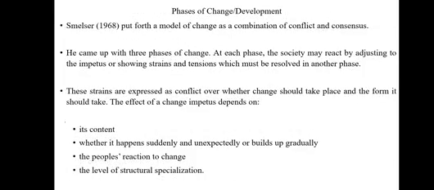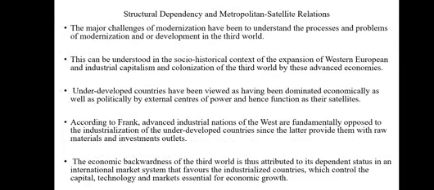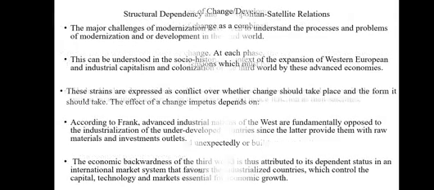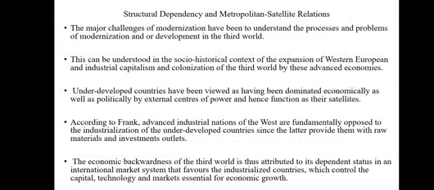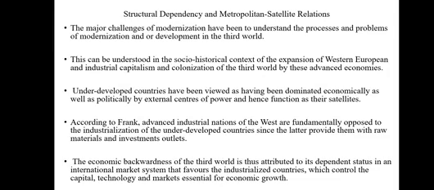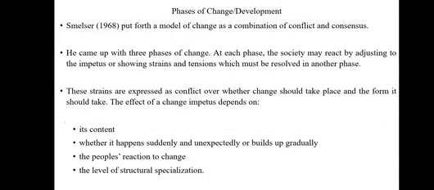Social dependency. This particular area talks of dependency of the third world on what? On developed countries. Dependency of the third world countries on developed countries, and then this is also a socio-historical context of expansion of Western and European capitalism and connection to the third world country by this advanced country.